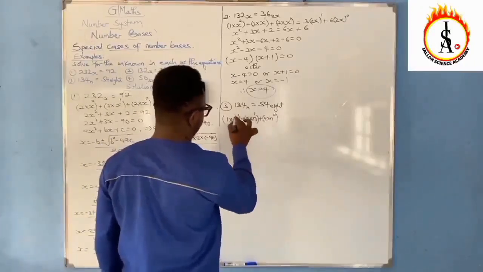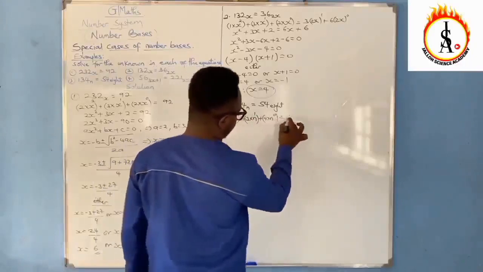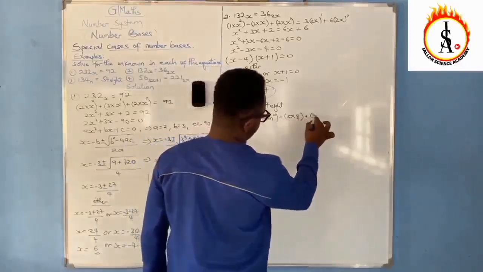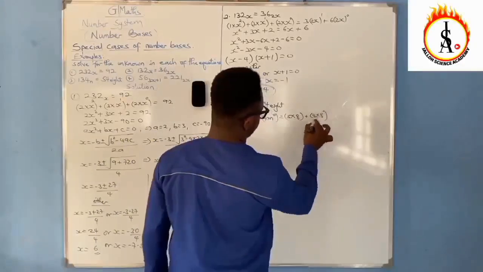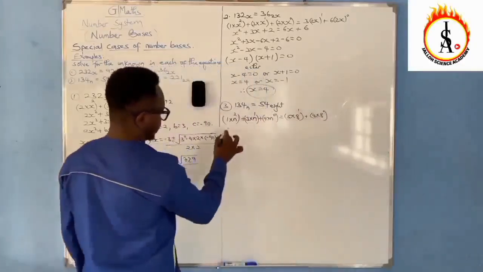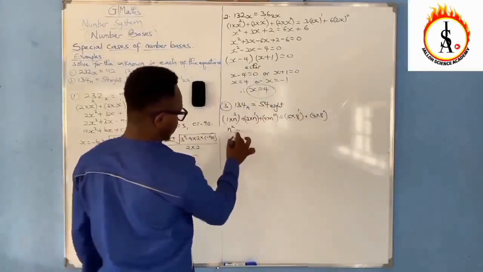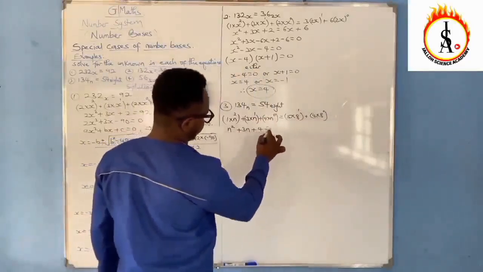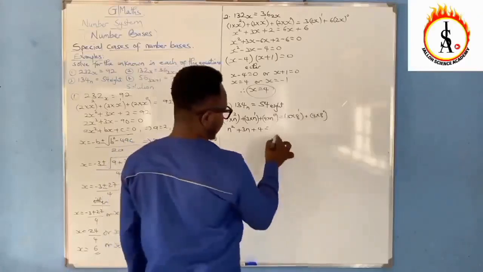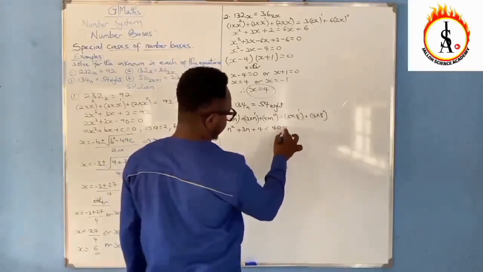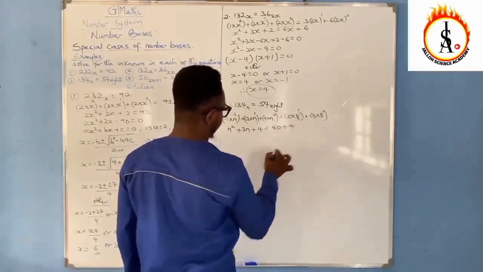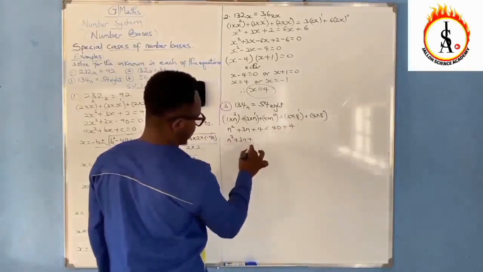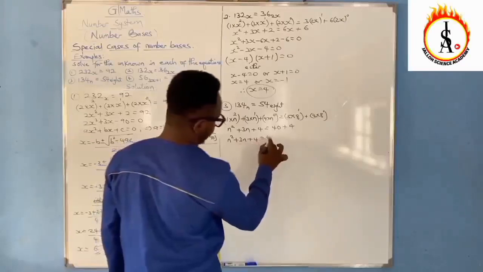Power 0, power 1, power 2 is equal to 5 by 8 plus 4 by 8. Power 0, power 1. So this gives us n squared plus 3n plus 4 is equal to, this here will give us 40 plus that gives us 4. So we have n squared plus 3n plus 4 is equal to 44.